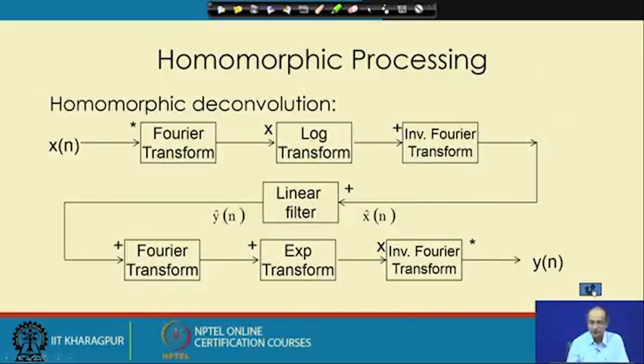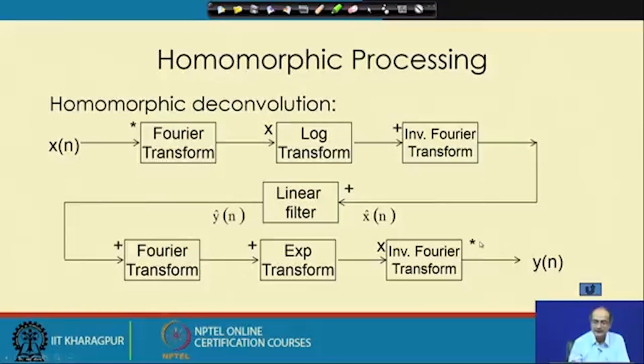After that filtering, we need to take the Fourier transform, then the exponential transform, and the Fourier transform again to get back the time domain signal, whichever component we are looking at, maybe the vocal tract or the glottal pulse.